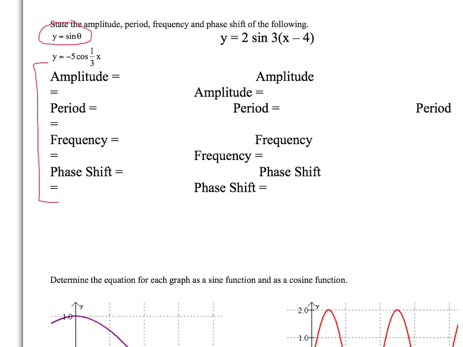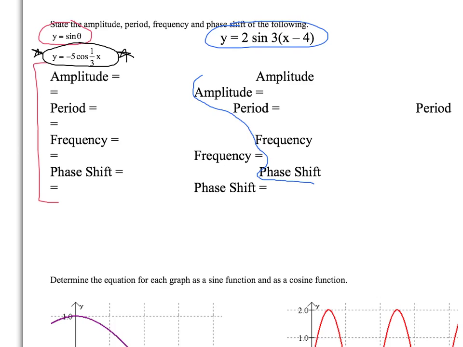For y equals 2 sine 3x minus pi over 4, I'm going to fill in the amplitude, period, frequency, and phase shift piece there. And for the negative 5 cos 1/3 x, I'll have you guys try that one on your own since it's not going to work well in my picture anyway.